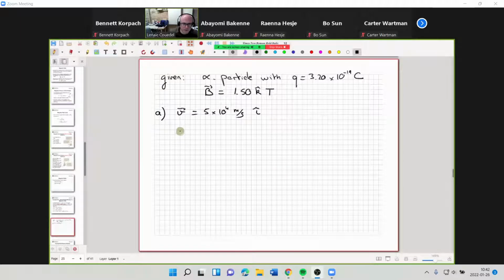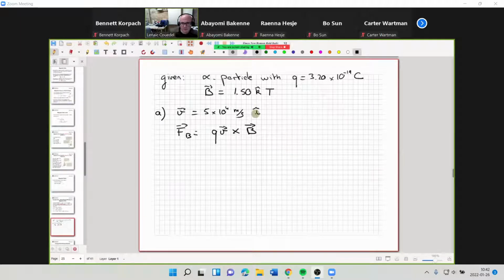I use the formula for the magnetic force. F_B is equal to QV cross B. Before we do the calculation, what will be the direction of the magnetic force?